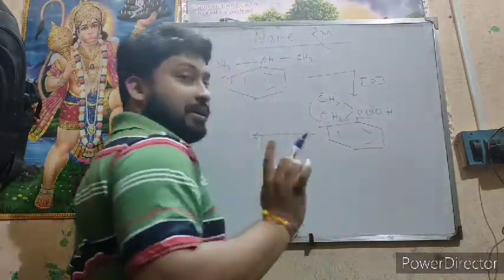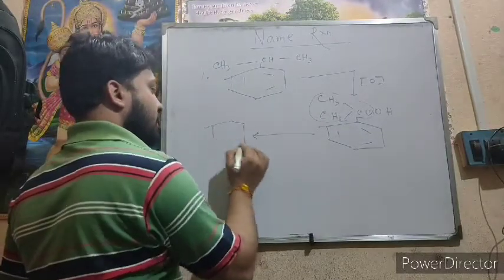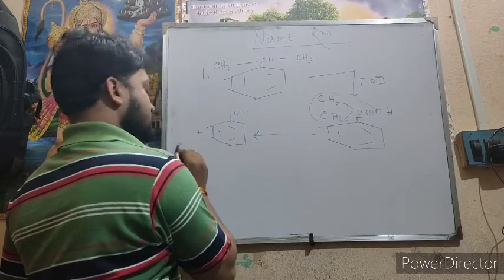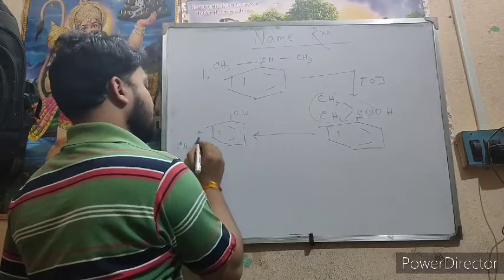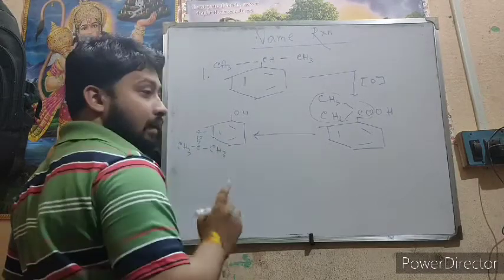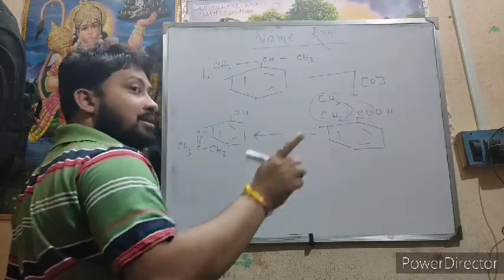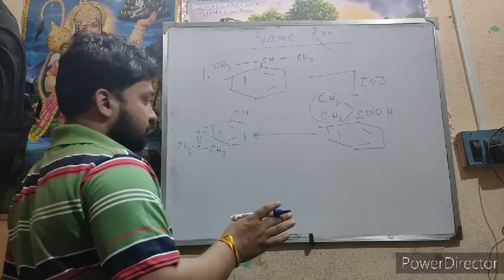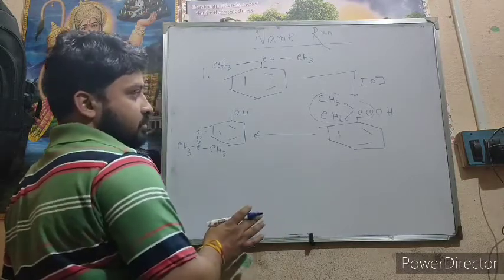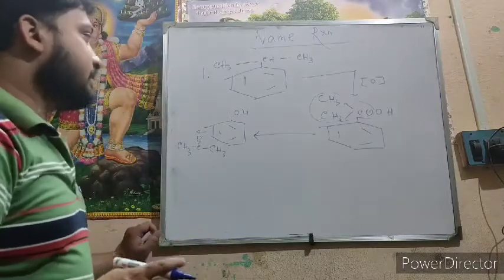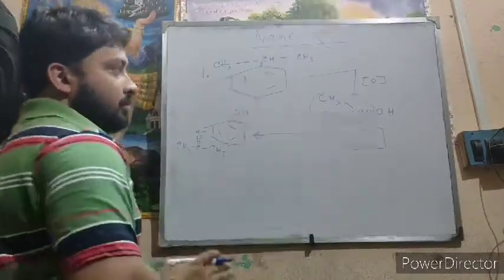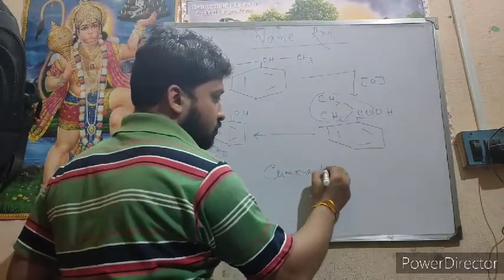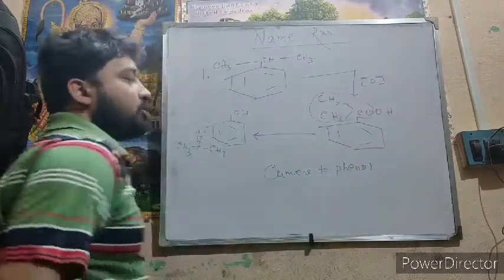This is a simple trick, not the mechanism. It helps you to remember. I give you all the mechanisms in a video, from alcohol and phenol to the last chapter, haloalkanes. I give you the mechanism of each and every reaction. So those are the simple tricks. So this is the process to prepare phenol from cumene. This is also very important. Cumene to phenol.